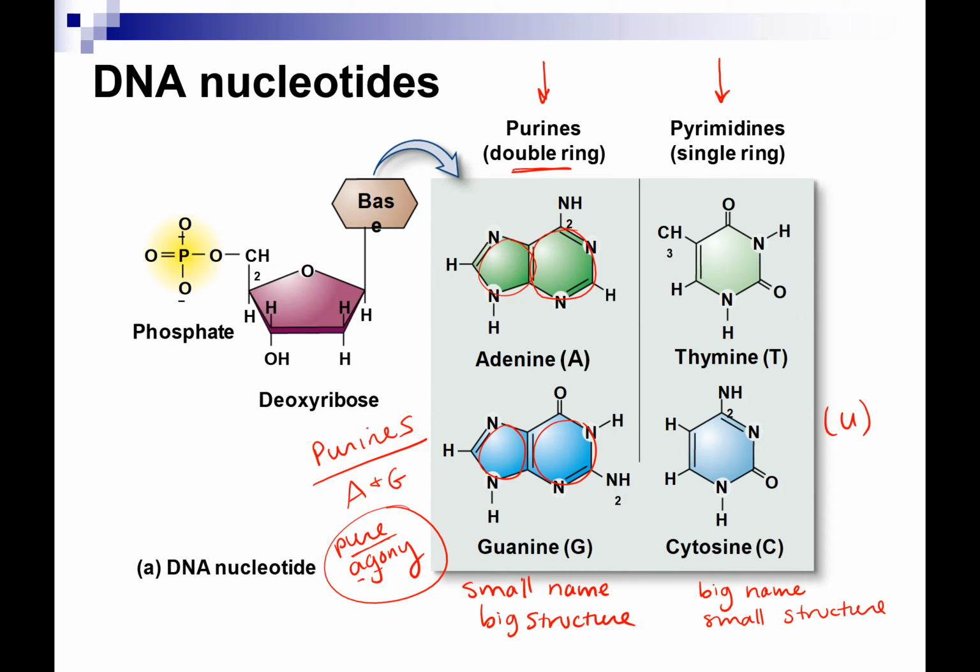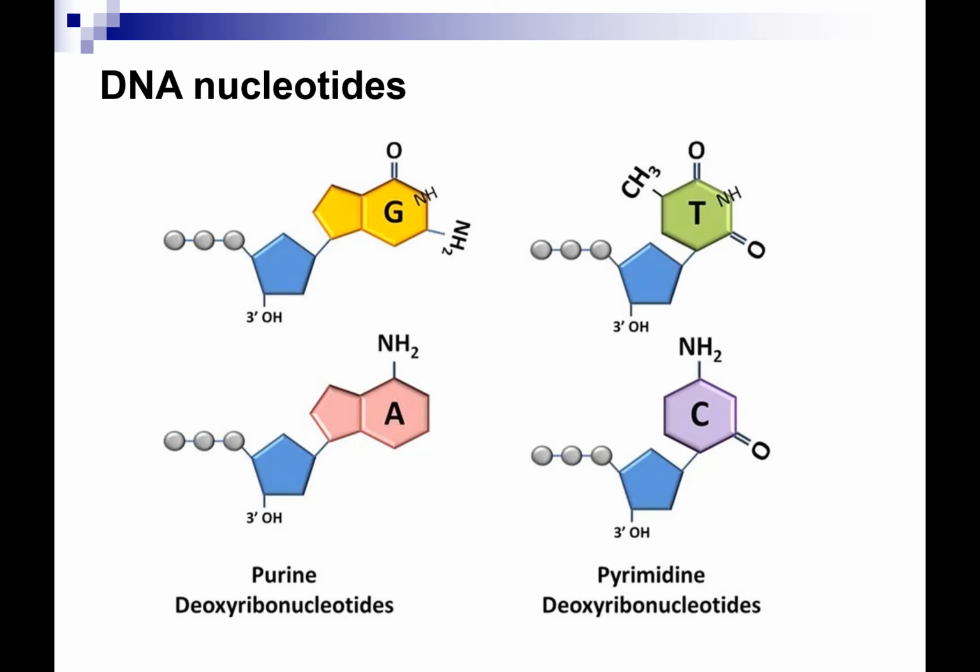Okay, so we represent these just by the single letter, A, G, C, T. Okay. So let's look at all these different nucleotides. Again, purines, small name, big structure, pyrimidines, big name, little structure, pure agony.